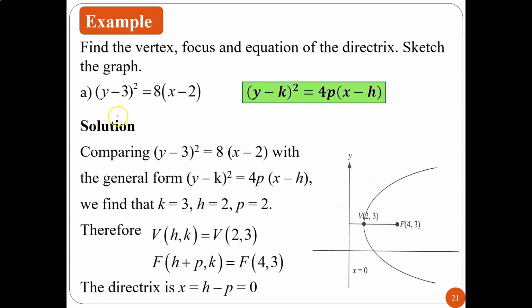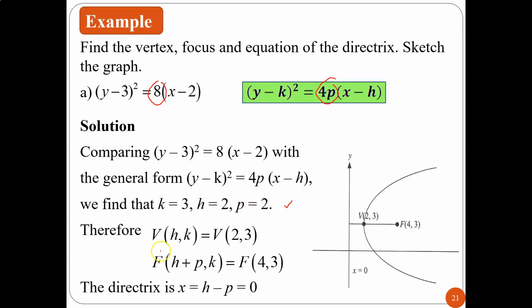So by comparison, you will obtain k equal to 3. Compare left and right only. And x minus 2 you compare with x minus h, so you know that h is equal to 2. And for p over here you compare with 8, so you know that p is equal to 2.